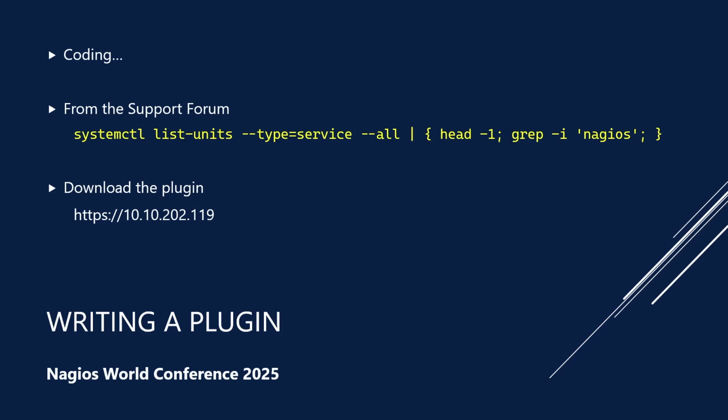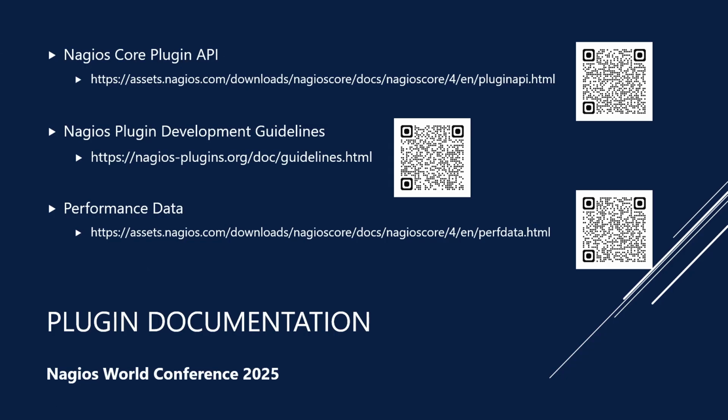If you want to download the plugin, it is available at 10.10.202.119, along with the notes from this presentation. And these are a few guidelines that are very helpful for writing plugins, especially the top 2. And if you want performance data, the third is very helpful.